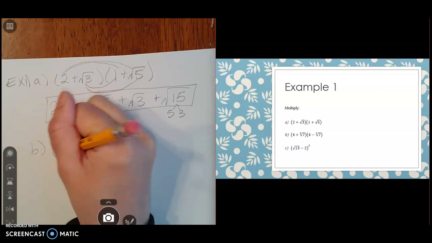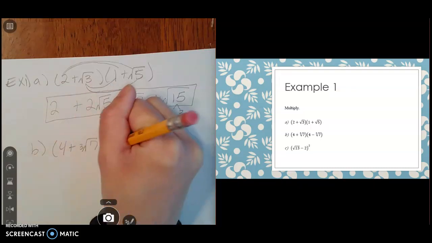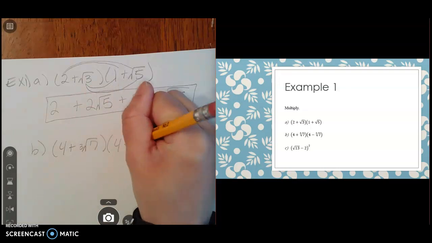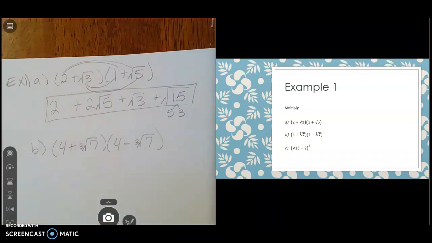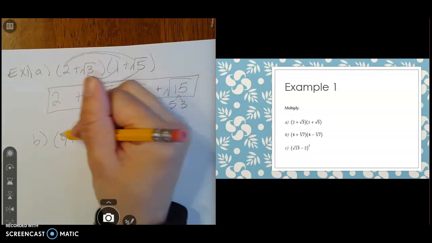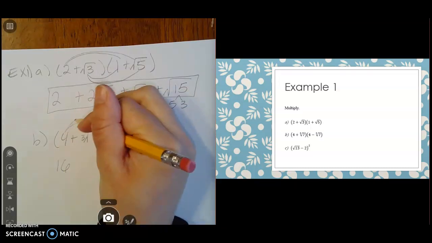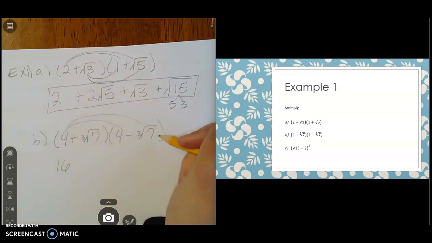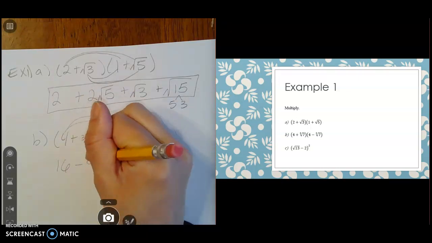We've got 4 plus the cube root of 7 times 4 minus the cube root of 7. I'm going to distribute again, so I'm going to do 4 times both terms in the second parenthesis. 4 times 4 is 16. 4 times the negative cube root of 7, a positive times a negative, will be a negative 4 cube root of 7.